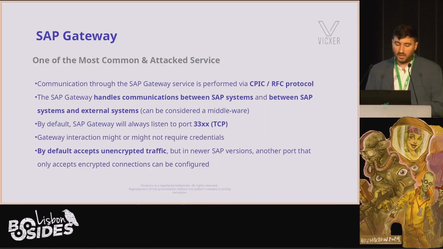Well, here it is the same. If I want to reach the gateway on instance 00, I hit the port 3300, and if I want to hit the instance 01, I hit the port 3301. Normally, you will not expect to see the gateway exposed to the internet, but again, I have seen it all. Shodan, UI, you still find them very, very easily.